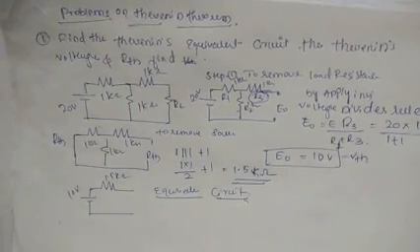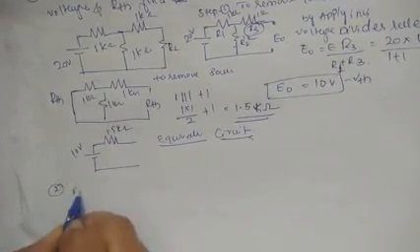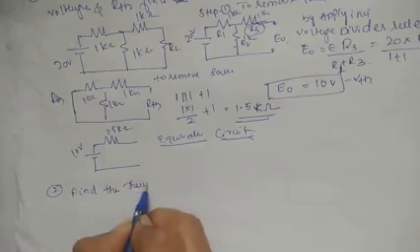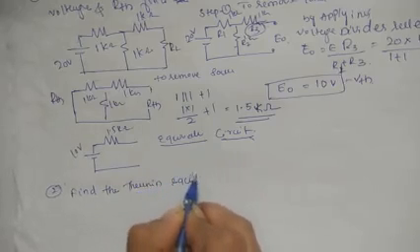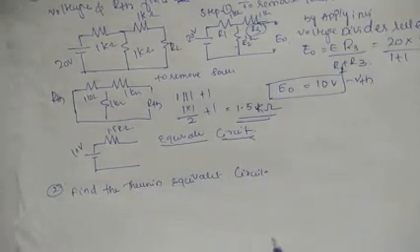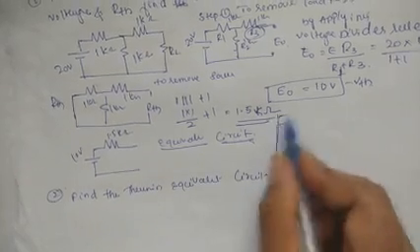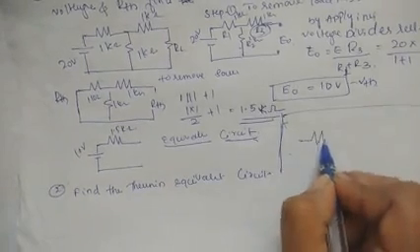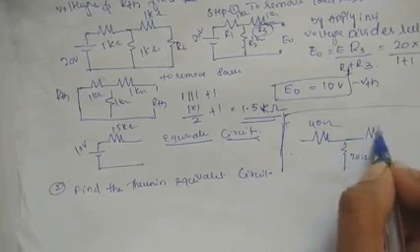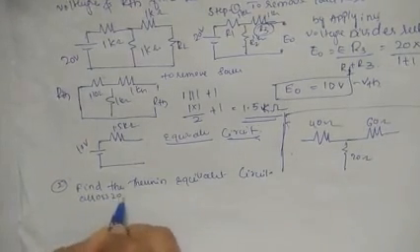Next problem, we are going to study the next problem. Find the Thevenin equivalent circuit. 40 ohm, 20 ohm, 60 ohm, across 20 ohm resistor.